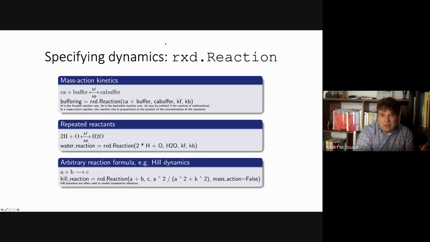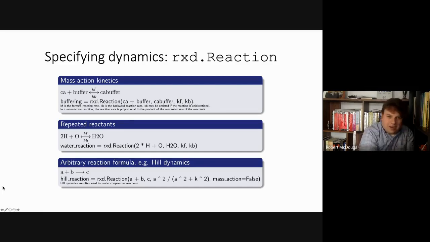Fundamentally, RxD.reaction is how we specify the reaction aspects of reaction-diffusion. So if I have Ca and buffer goes to CaBuffer at a forward rate of kf and a backwards rate of kb, basically the syntax is the left-hand side, the right-hand side, the forward rate, the backwards rate.